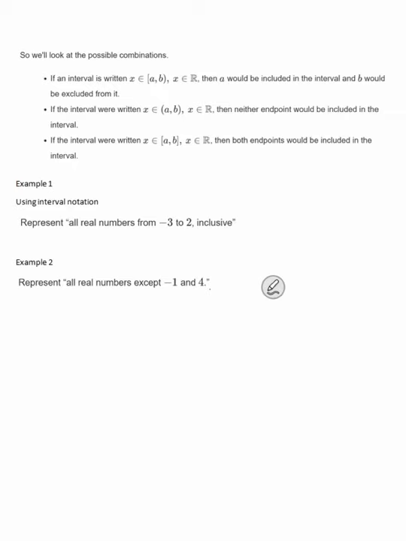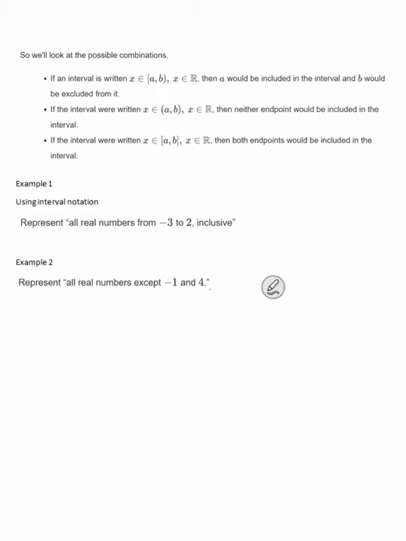If the interval was written as x is an element of a, b with round brackets, x ∈ R, then neither endpoint would be included in the interval. So they would both have open circles if you showed it on a number line. If the interval was written x is an element of a, b with square brackets, x ∈ R, then both endpoints would be included in the interval, and those would be denoted with closed circles, filled-in circles on a number line.